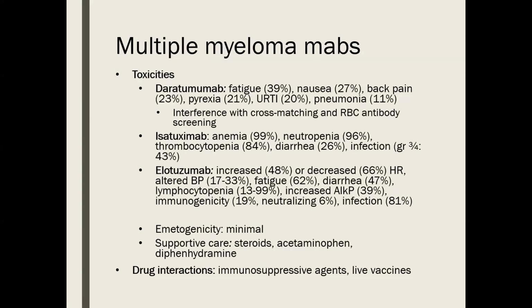The other toxicities are here, including back pain and pyrexia, as well as fatigue, so kind of common stuff. Isatuximab has a little more count suppression associated with it, anemia in 99% of patients, that's a big number. And elotuzumab toxicities include a lot more cardiovascular toxicities that you don't see with the other products, likely owing to its different target of SLAMF7 and how it goes about its cytotoxicity.